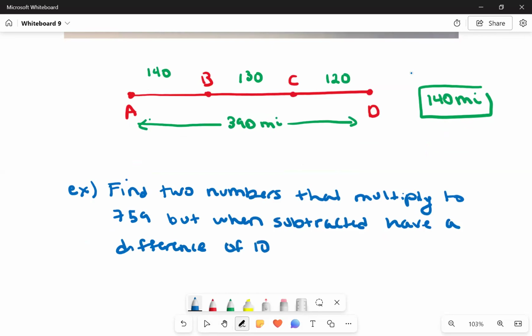Okay, pause the video, grab your calculator, try to figure it out. See if you can come up with the two numbers that work. And then I'll give you my reasoning and how I use the calculator to set this up.